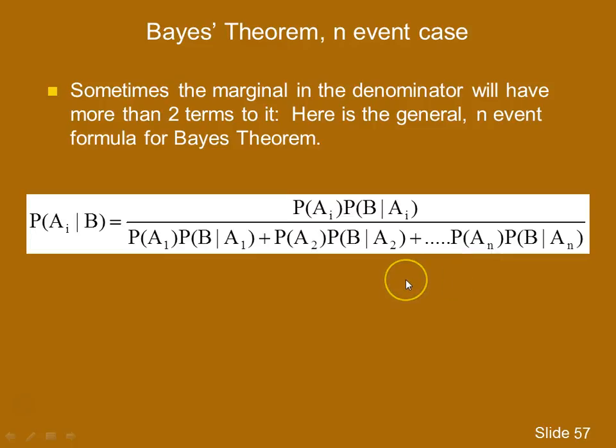Could be the sum of three or more. We'll never go beyond three, so again, don't get worried about this large, impressive-looking formula. But remember, the denominator is a marginal probability, which is a sum of intersections. Most of the time, we only have two intersections, but in a few minutes, we're going to do a problem where we have three.